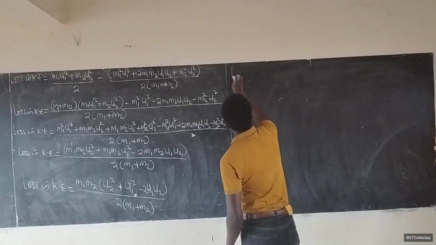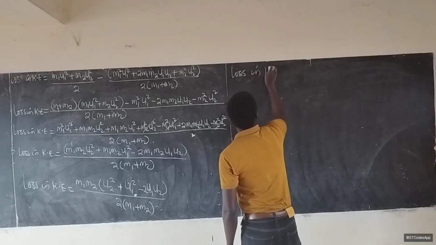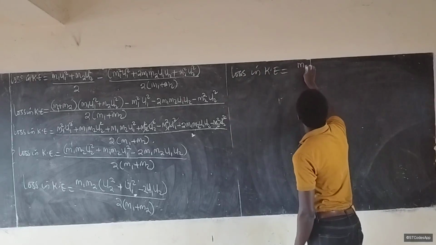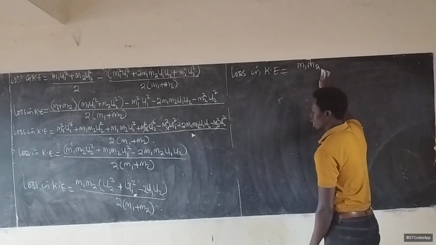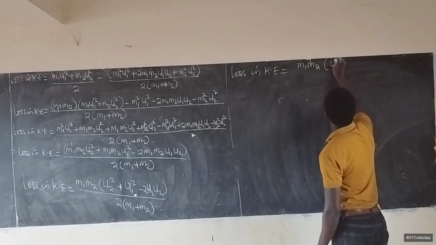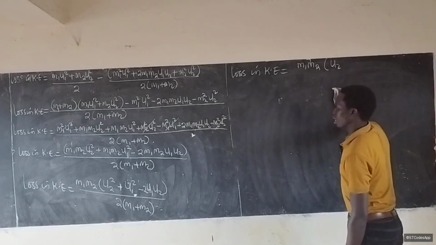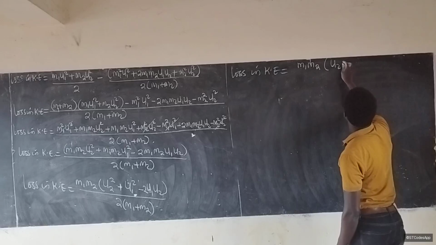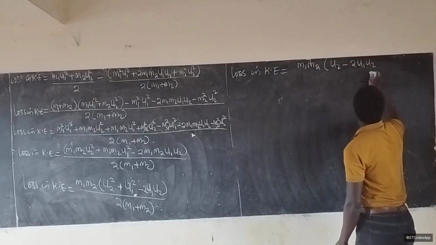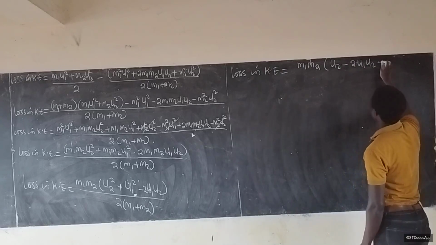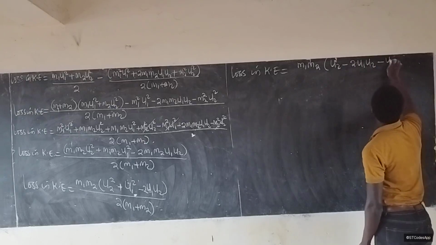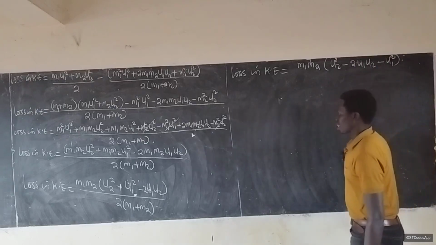So loss in kinetic energy will be equal to M1 M2, and then if I reorganize that, this is going to be U2 minus 2 U1 U2, and then this is square, then I will have also U1 but square.